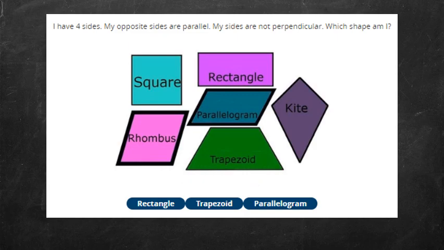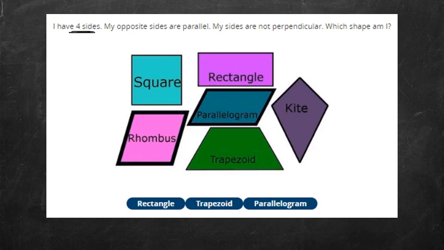Okay, so let's look at some quadrilaterals. The question says, I have 4 sides. My opposite sides are parallel. My sides are not perpendicular. What shape am I? Let's look at the important information here. We're classifying a 4-sided shape, so we know it's a quadrilateral.